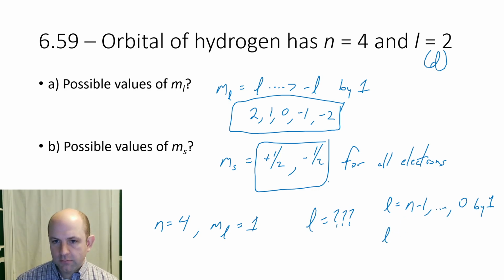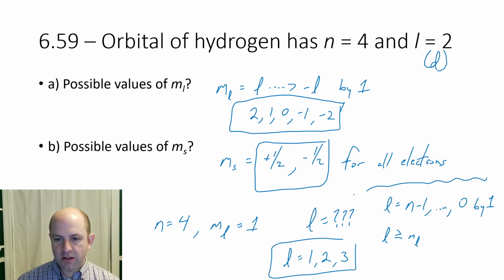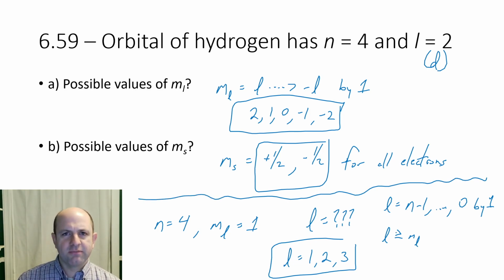And because of this rule here, L must be greater than or equal to m sub L. So we say, okay, m sub L is 1, so that means L has to be at least 1, but it could also be 2, it could also be 3, but then it's got to stop there because L has to always be at least 1 less than n, so if n is 4, then 3 is the biggest one there. So this was a little extra problem, but considering some ways that the problems are presented, sometimes you're given n and m sub L, and you've got to figure out L in between them.